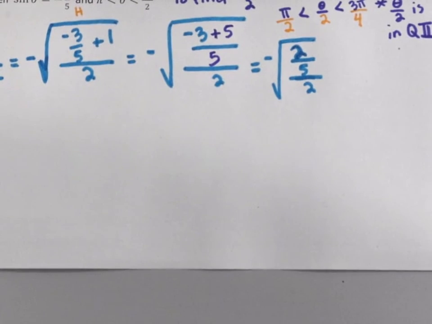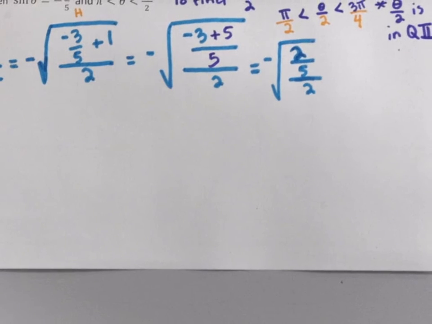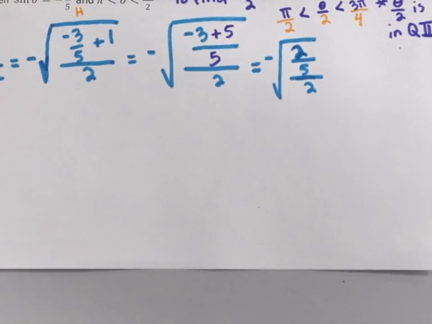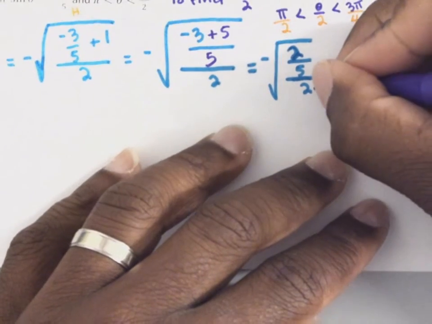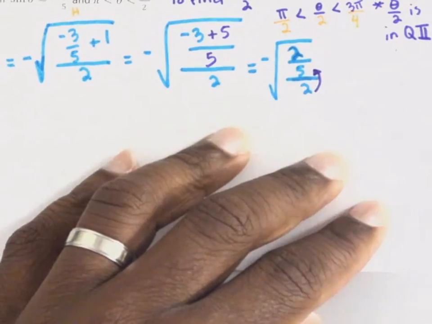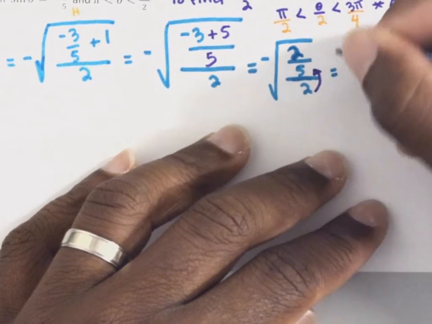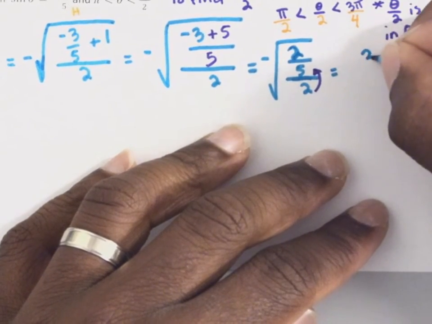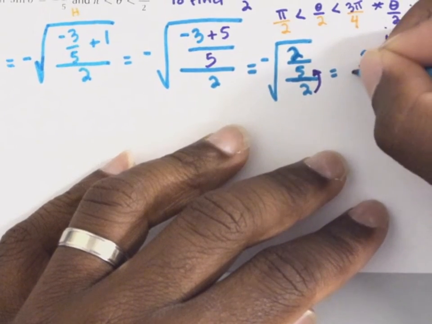What's next? Keep change flip. So 2 over 5 times 1 over 2. 5 times 2 is 10. 2 over 10 is 1 over 5. Yep. So 2 over 10.